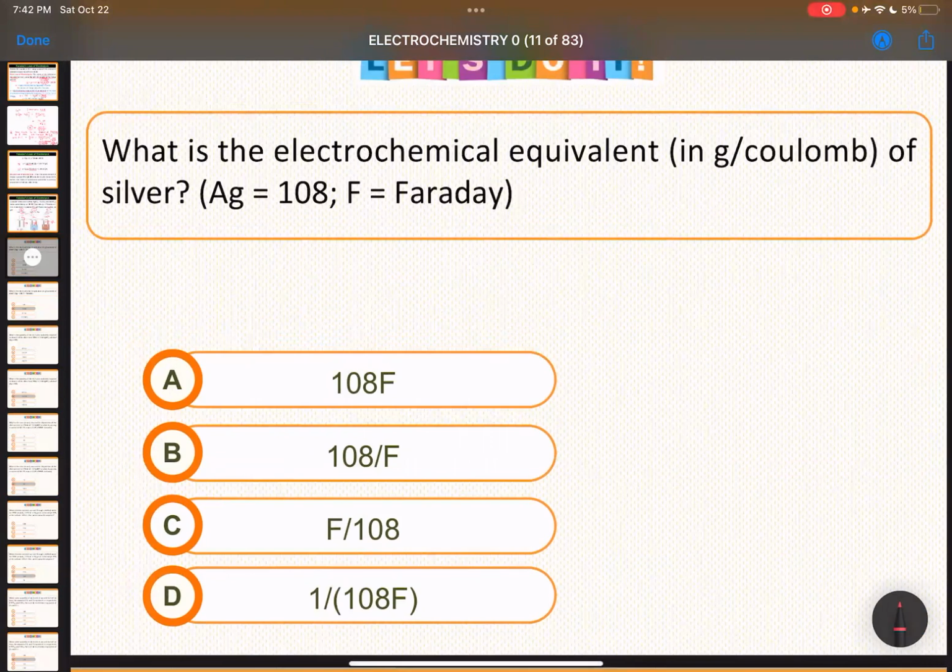Tell me what's going to be the answer to this one. Electrochemical equivalent of silver. Direct question. Just try it. What is the value of Z for silver? What is going to be the right answer?